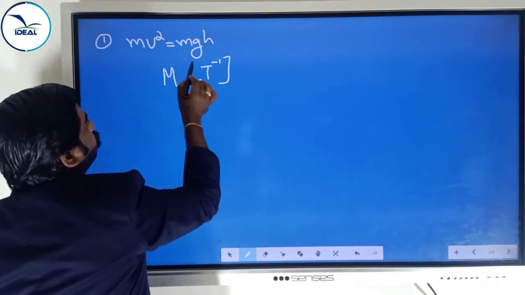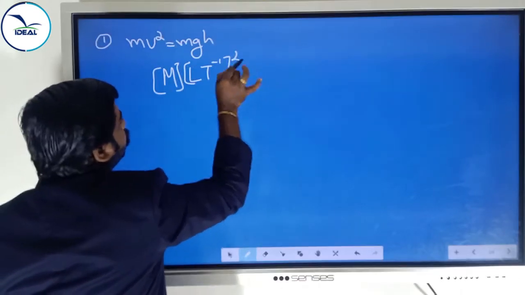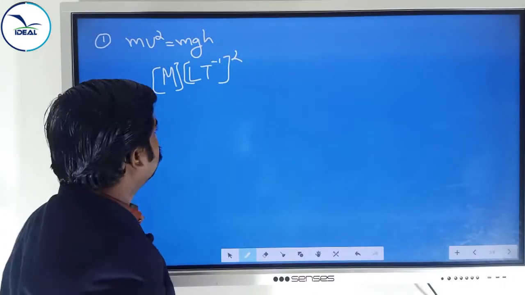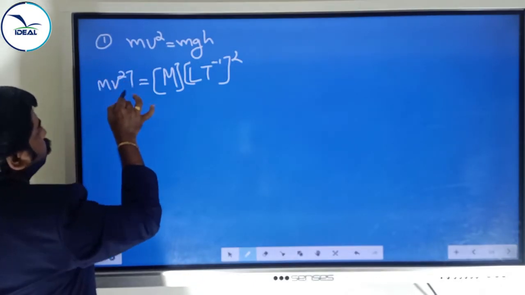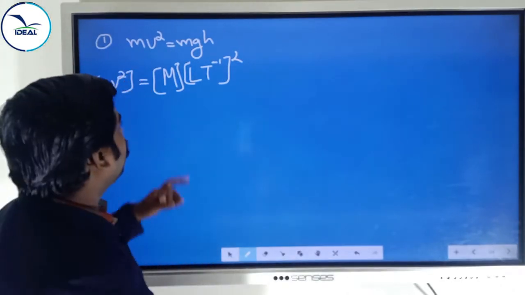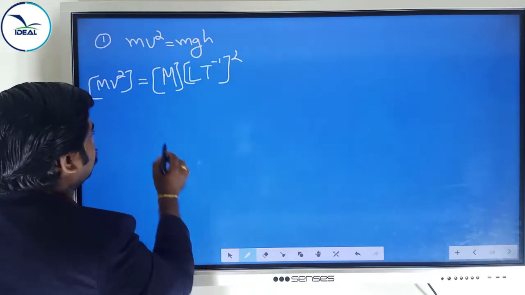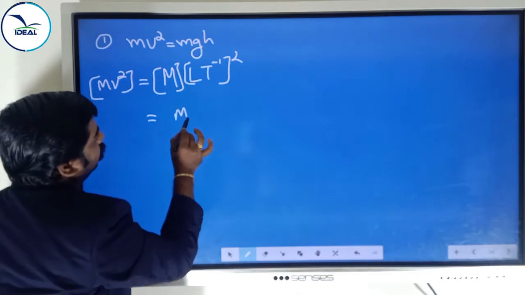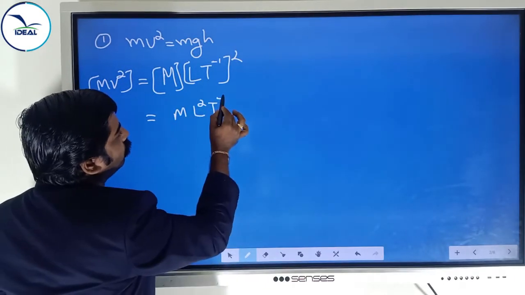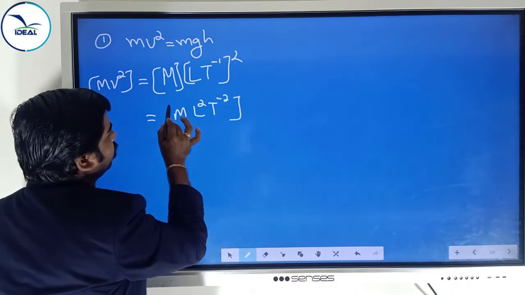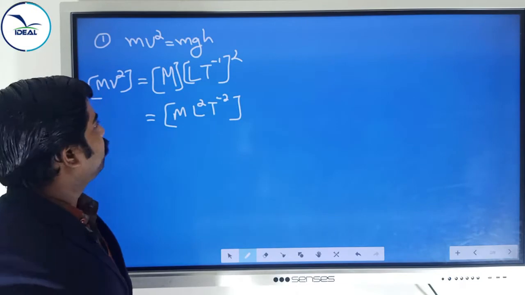But we need to take the square of this, v square, isn't it? So the dimension of mv square is M into LT raised to minus 1 the whole square, that's equal to M into L square into T raised to minus 2.